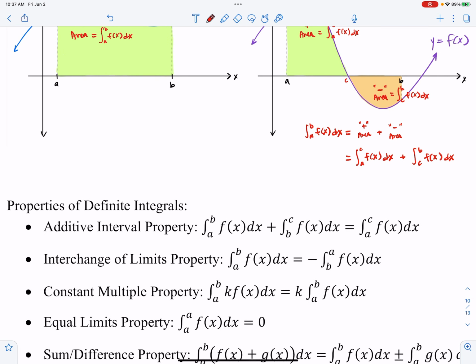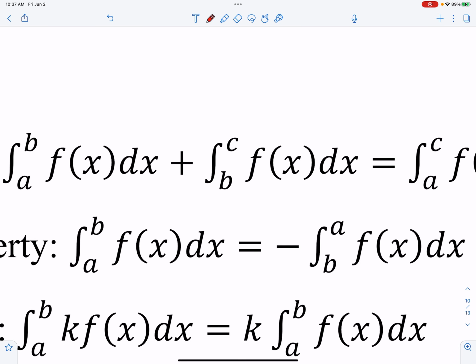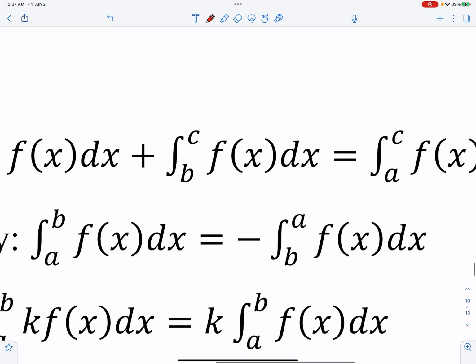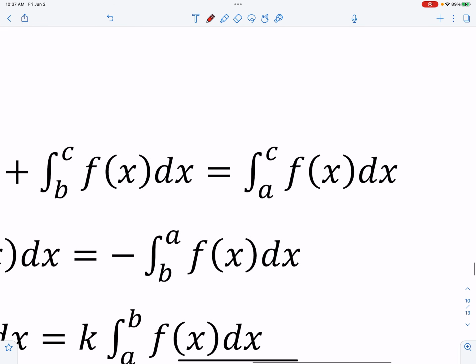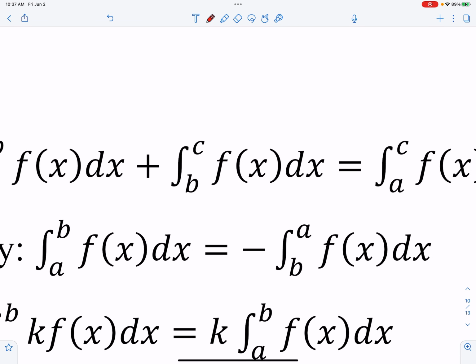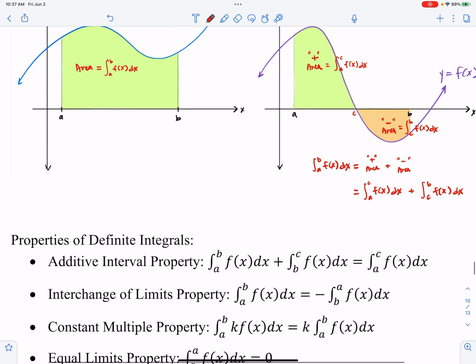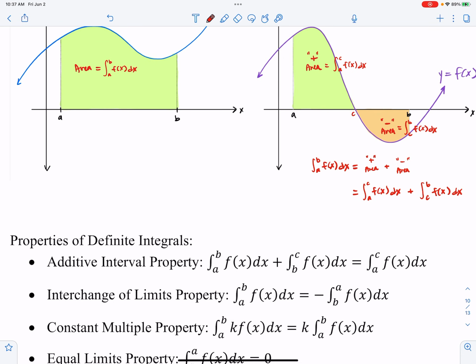Now, the interchange of limits property says that the integral from a to b is equal to the negative integral from b to a. So the opposite. Remember, when we're talking about opposites in math, that refers to opposite sign. So it would be the opposite, and you switch the limits of integration. I call this the switchy property.